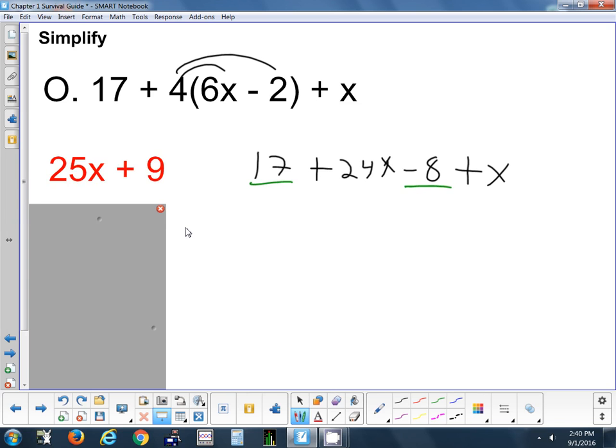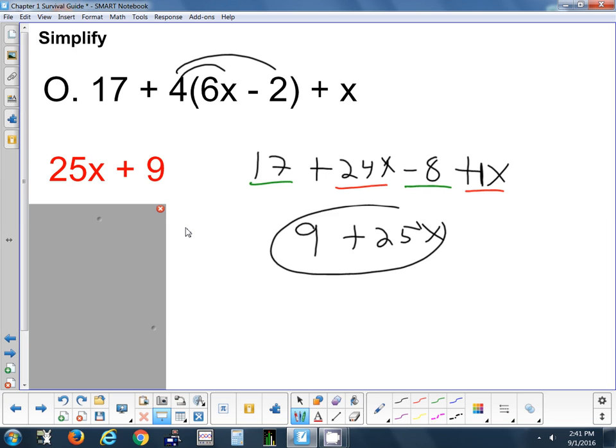There's my 9. And I got 24x plus, what number is always in front of x if you don't see it? Yeah, it's a 1. What's 24x plus 1 more? 25x. Is that the same thing? Yeah, you can put 25x plus 9 or 9 plus 25x.